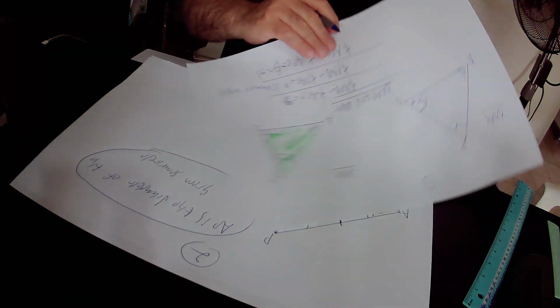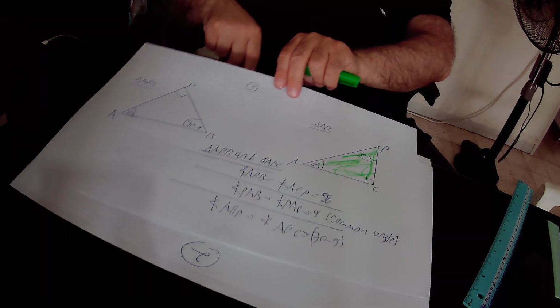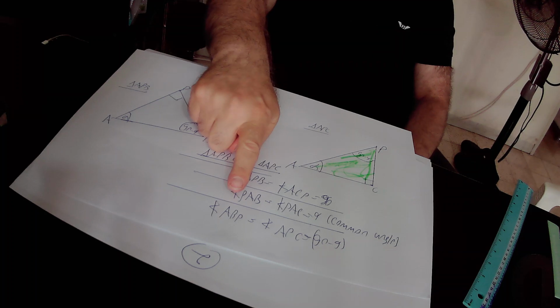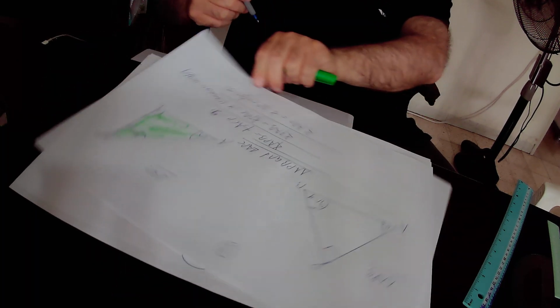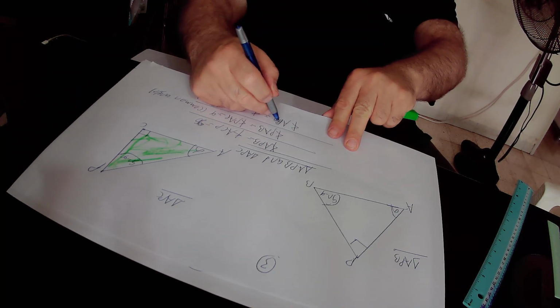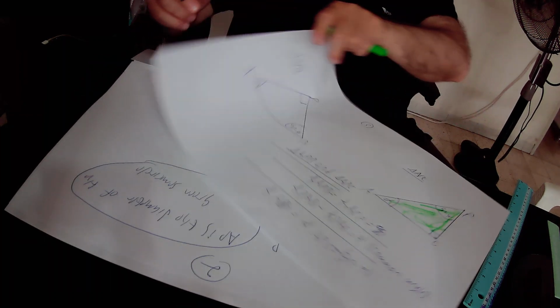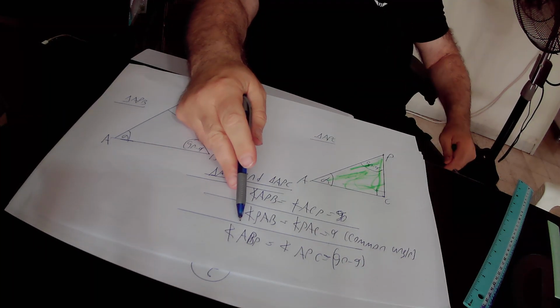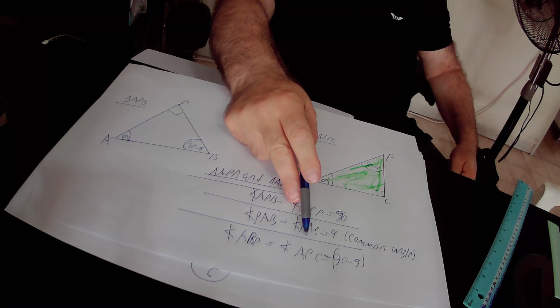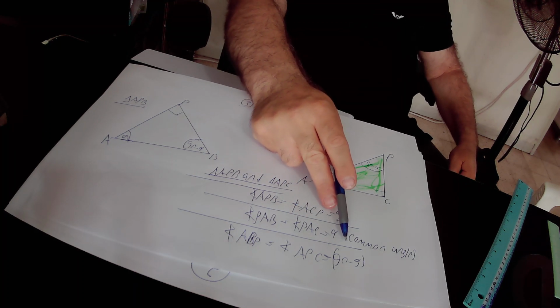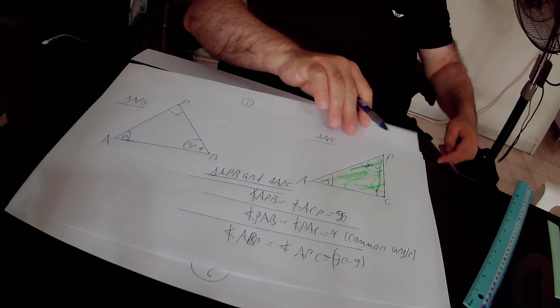Repeat again, I found out that angle ABP in the right triangle equals angle APC in the green triangle. They are both equal to 90 degrees minus alpha, therefore they are equal to each other.